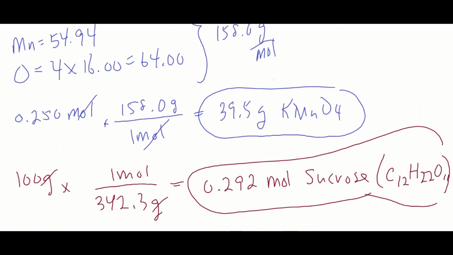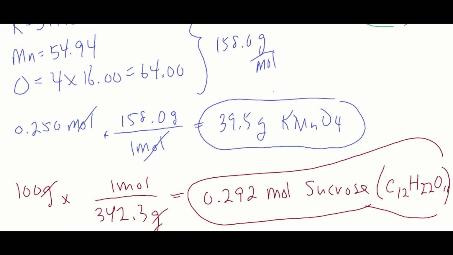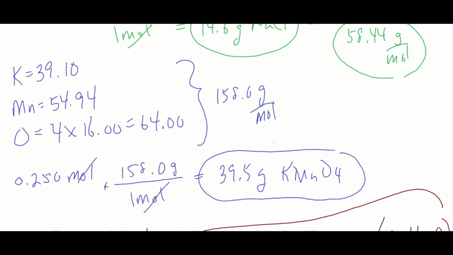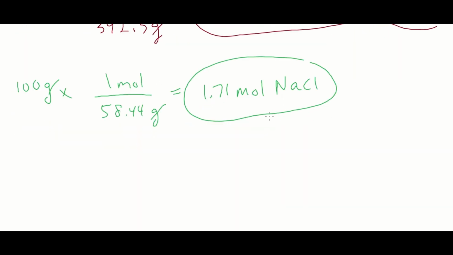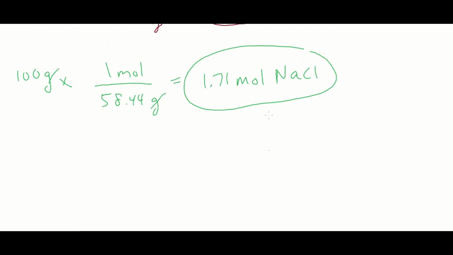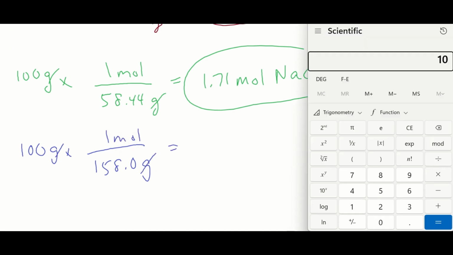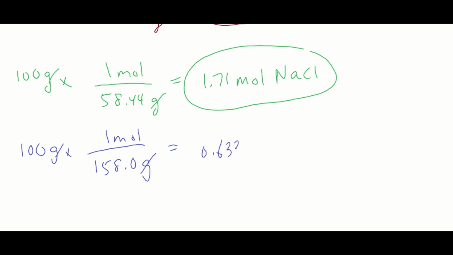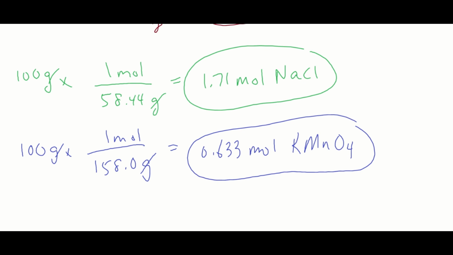And then finally, the molar mass for potassium permanganate was 158. So we have 0.633 moles of potassium permanganate in 100 grams.